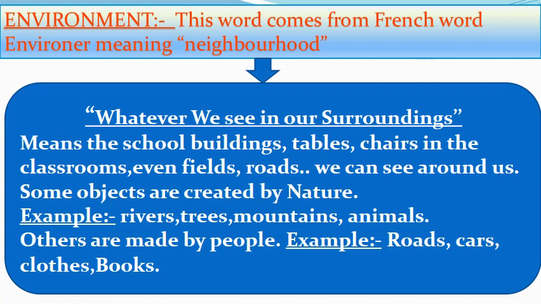Environment definition: whatever we see in our surrounding means school buildings, table, chair in our classrooms, fields, roads, we can see around us. Some objects are created by nature: rivers, trees, mountains, animals. Others are made by people, for example roads, cars, books.